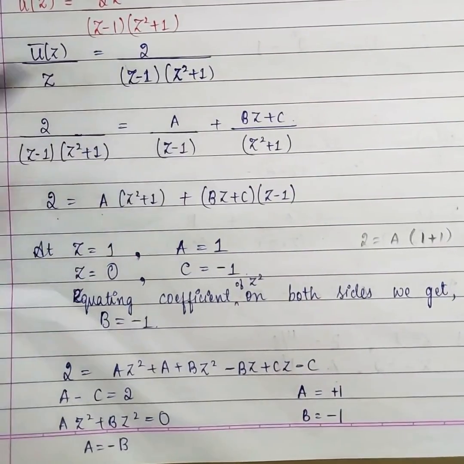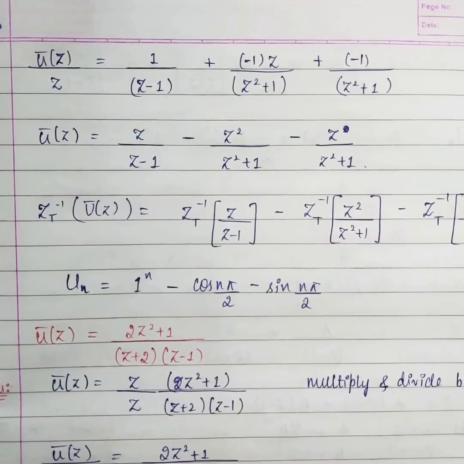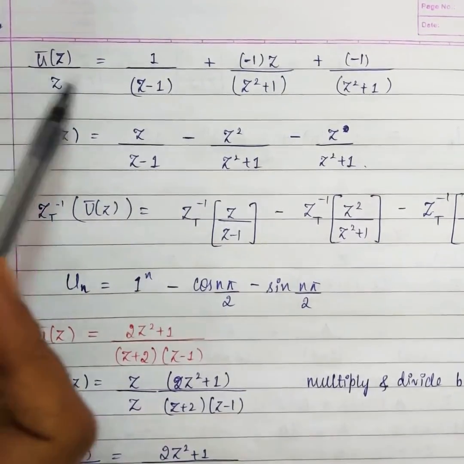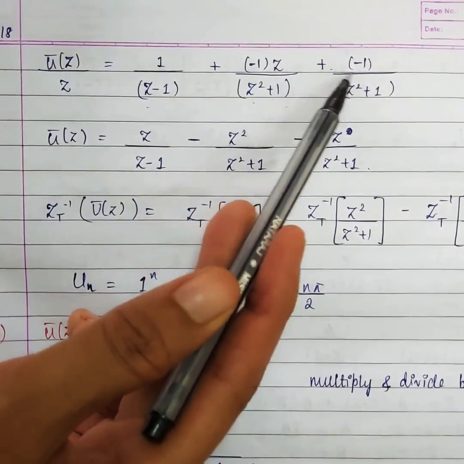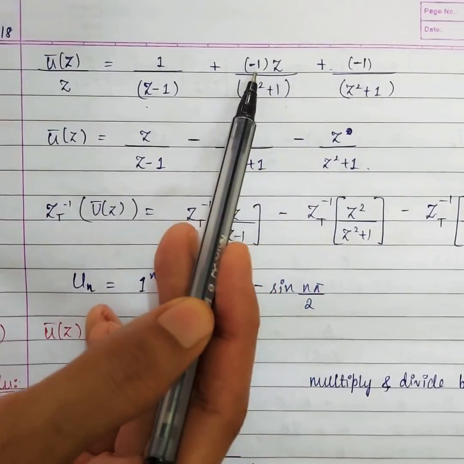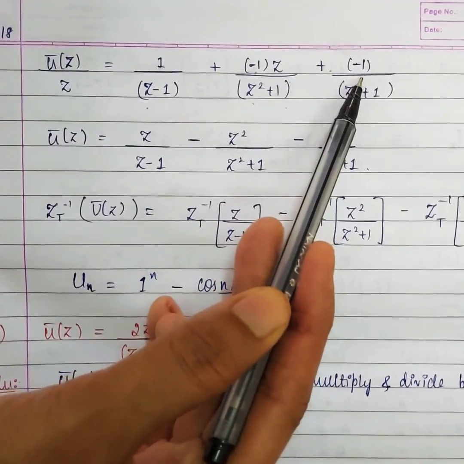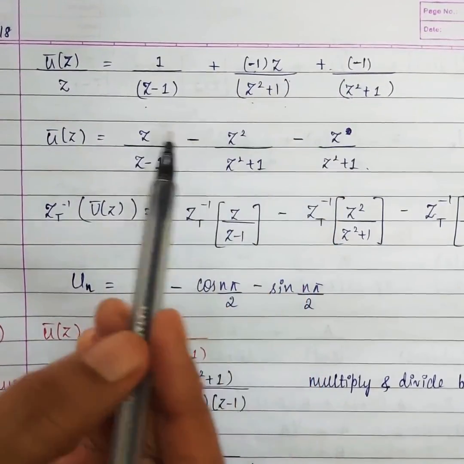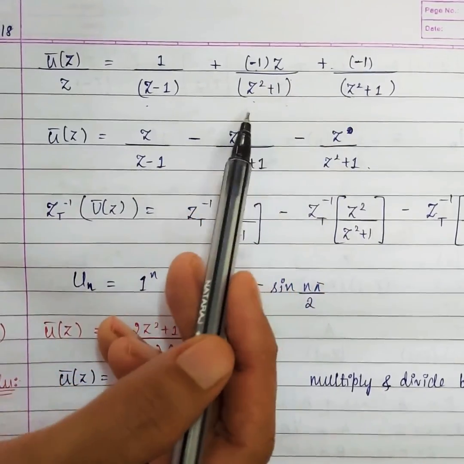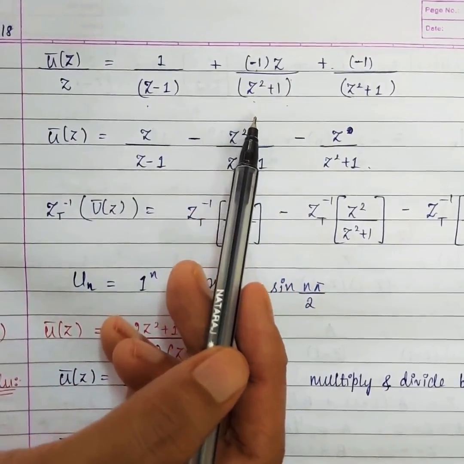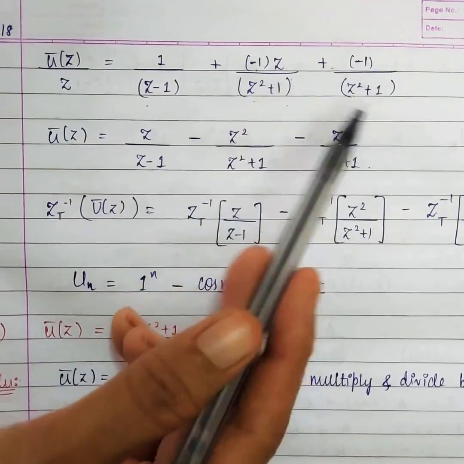So we will get 3 terms, and then we can split the numerator. We have separated it because there is no formula for (minus z minus 1) divided by (z square plus 1), so I am splitting the numerator.